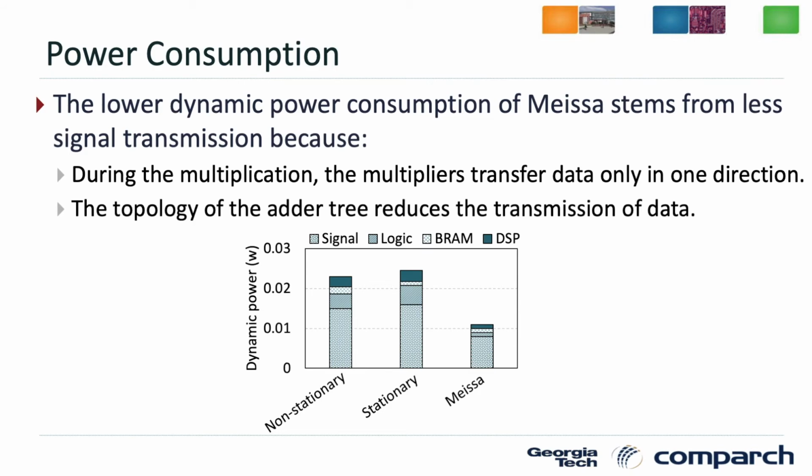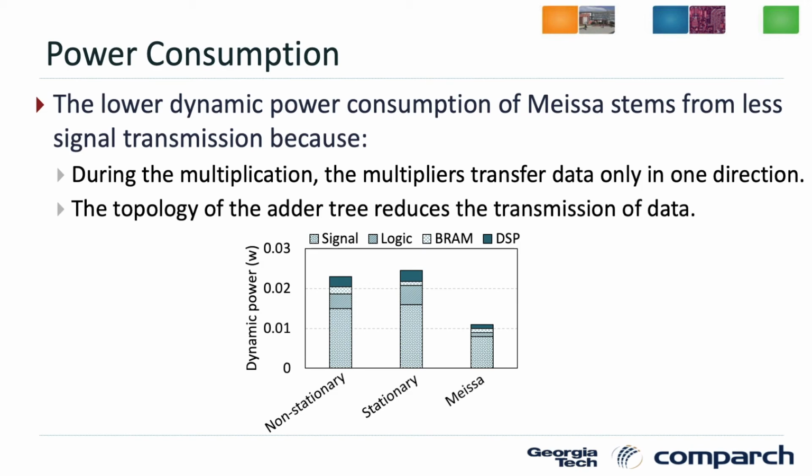To better explore the rationale behind the different energy and power consumption, this slide compares the breakdown of dynamic power consumption. Note that the static power consumption of all three designs is similar. As the diagram suggests, the lower power consumption of Meissa stems from less signal transmission for two reasons.